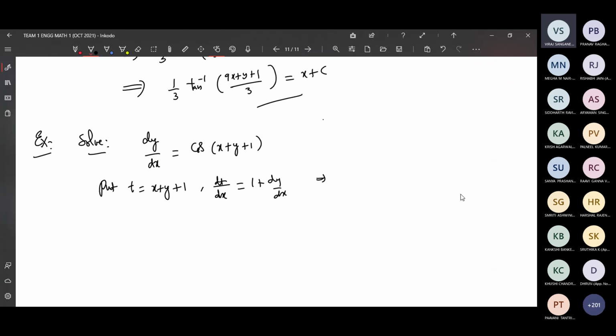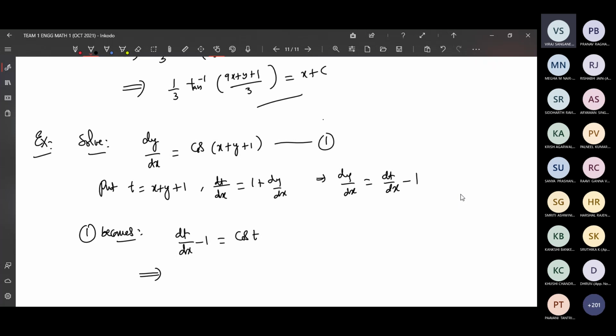So this means dy by dx can be written as dt by dx minus 1. So if you take this as equation 1, then 1 becomes dy by dx replaced with dt by dx minus 1, and the right side cos t.